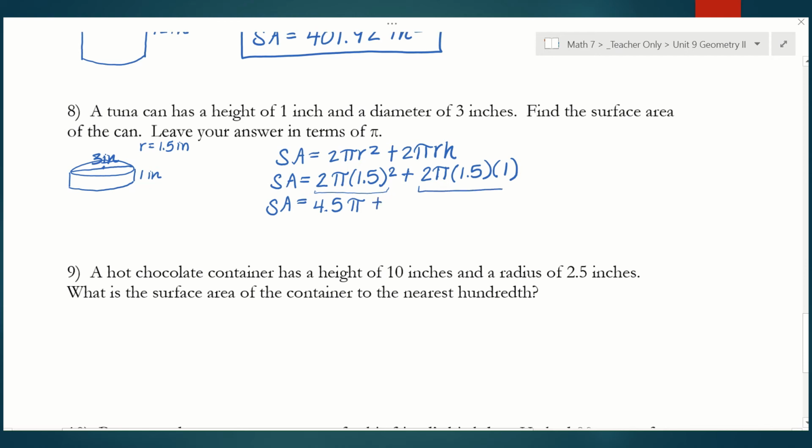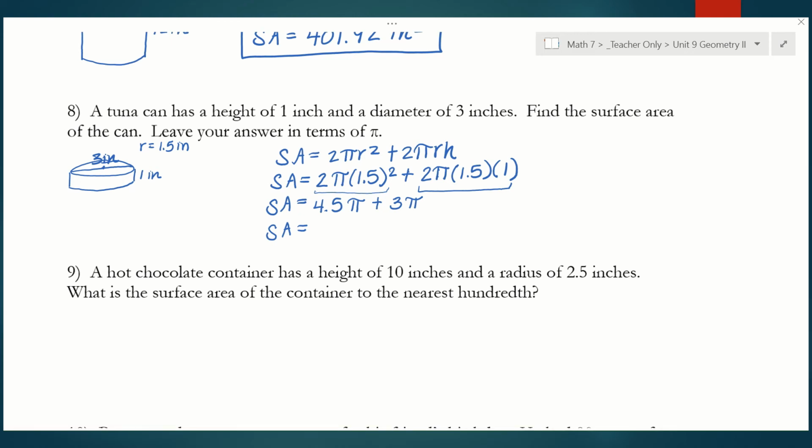Plus, now I'm going to do the same thing to this side. I'm going to leave the pi alone, but I'm going to do 2 times 1.5 times 1, and that gives me 3. So over here, I would have 3 pi. And then my last step is to add those together. Think about this as being like a 4.5x plus a 3x.